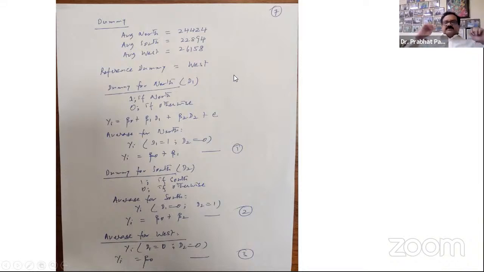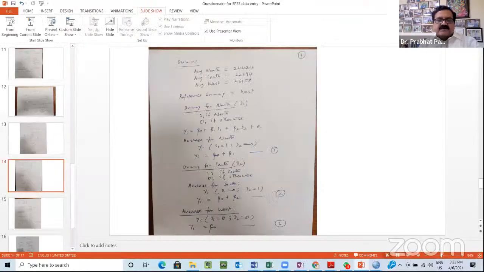So we are going to talk about the dummy regression now. It's a special case of regression analysis, and it's quite useful. In dummy regression, you have the dependent variable, and the explanatory variables are categorical in nature, right?